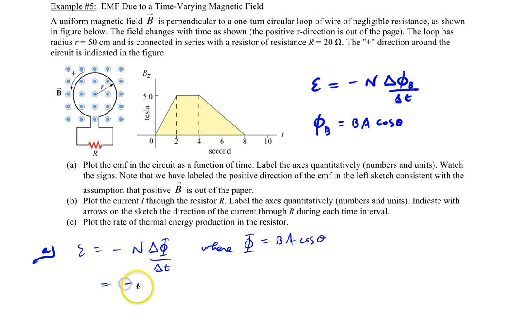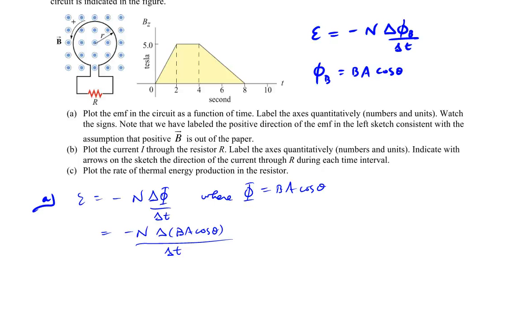Let's plug that in. Negative change of BA cos theta all over the change in time. And then if we were to rewrite this, take out the things that are common in our equation. We know that the B field is changing over time, so that is not going to be pulled out.